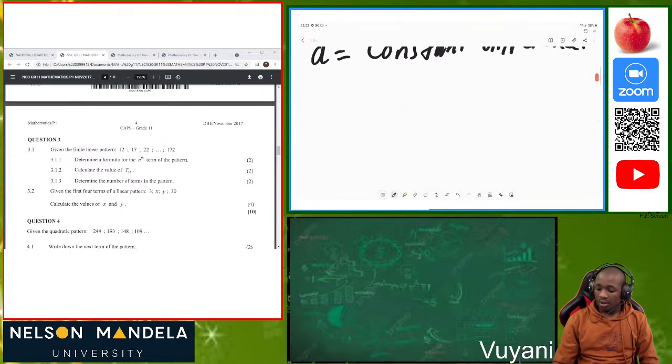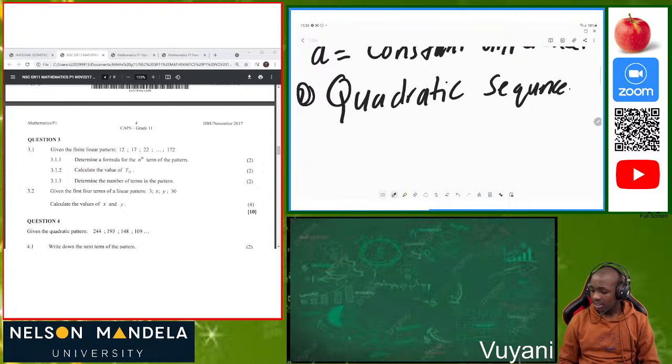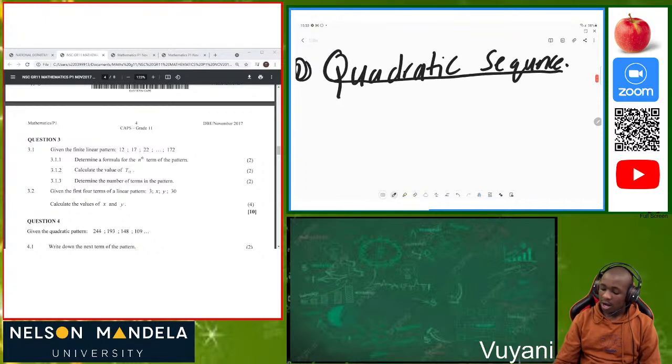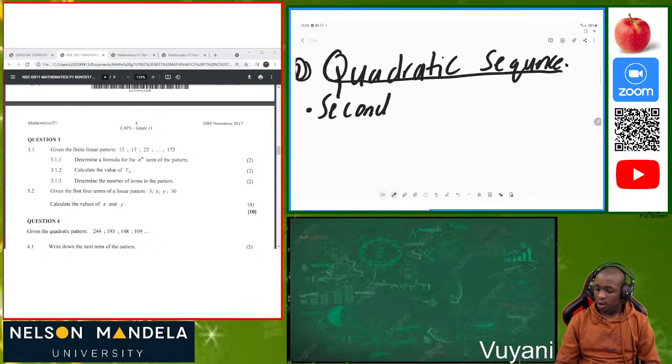Now, number 2, we said, is the quadratic sequence. The quadratic sequence has the second constant difference.